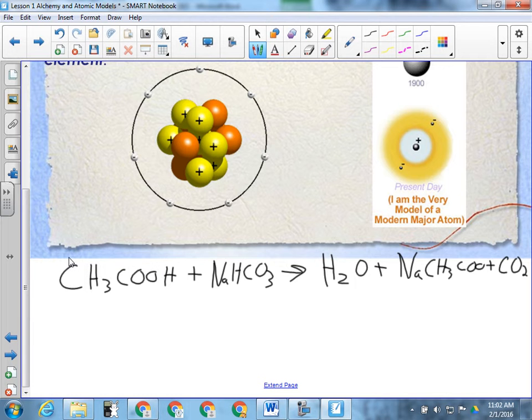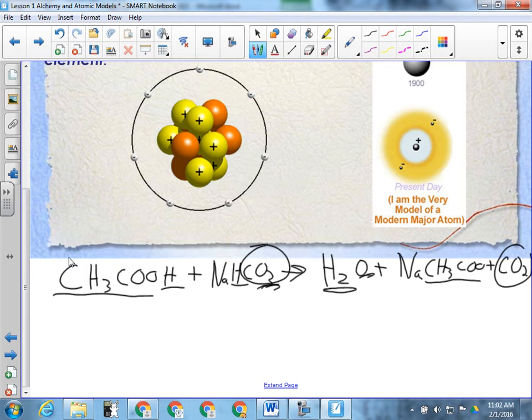But if I look at all the atoms that I have on both sides, I have the same stuff that I started with. I have acetate. I have hydrogen. I have oxygen, got some of it from here. I've got carbon and oxygen together, which I also got from there.